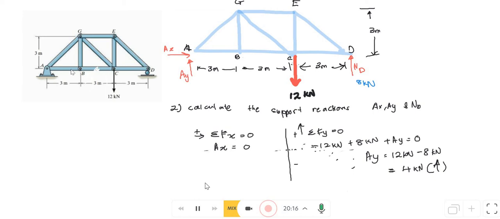So if those who choose to draw the FPD with the AY downward, you will get the negative value. So it means it is not correct. So you have to change, and the final answer should be here. Okay, so for AY 4 kilonewton.